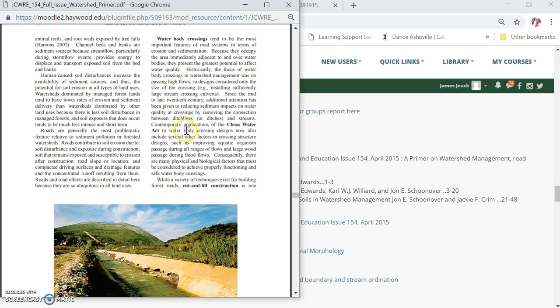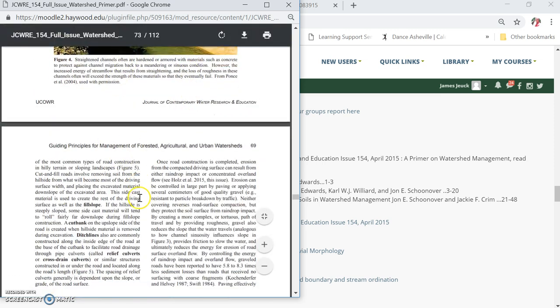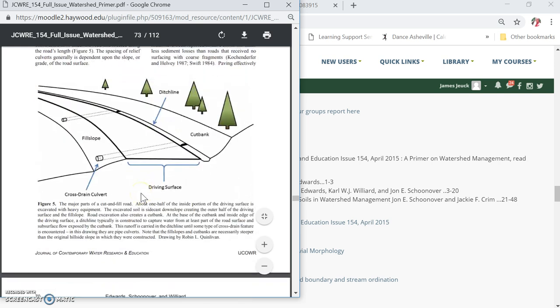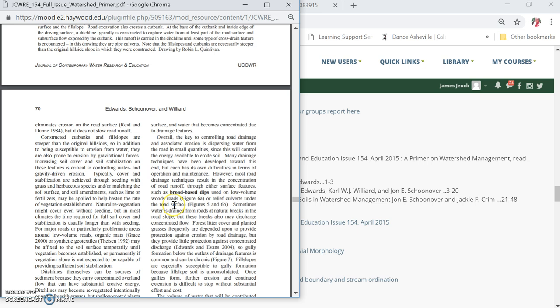Then it moves into some technologies that we use for keeping water from eroding roads, because roads are the number one problem anywhere in forestry and development. If your roads are poorly constructed, then you are going to have some real problems with soil erosion taking place.